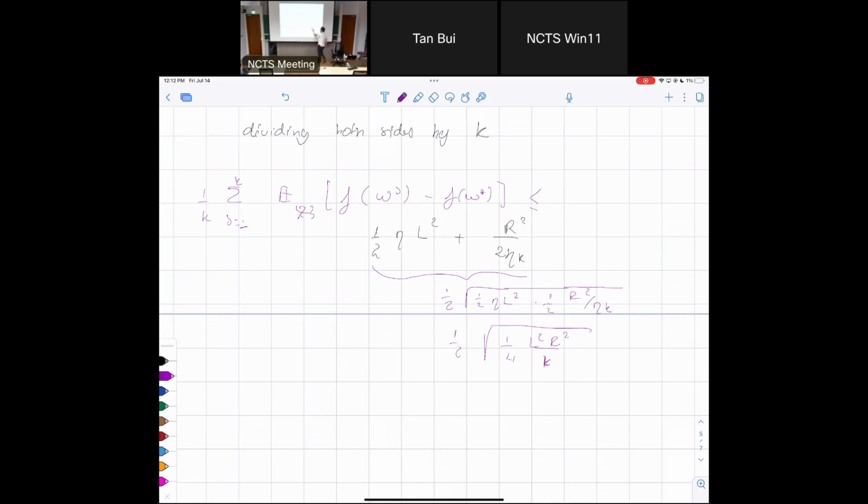The right hand side is always greater than or equal to this by Cauchy-Schwarz. Right? A plus B is greater than 1/2 of square root of AB. I'm sorry, not 1/2, 2. I'm sorry, 2, not square root, 1/2. I even applied Cauchy-Schwarz in the wrong way, right? In other words, this is equal to LR over square root of K. Very nice, right?